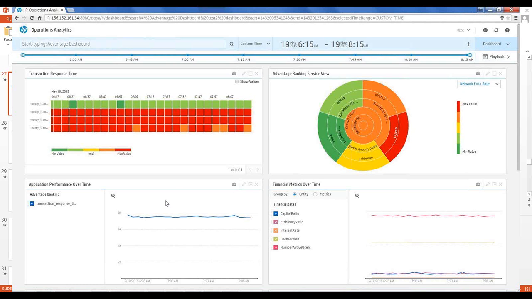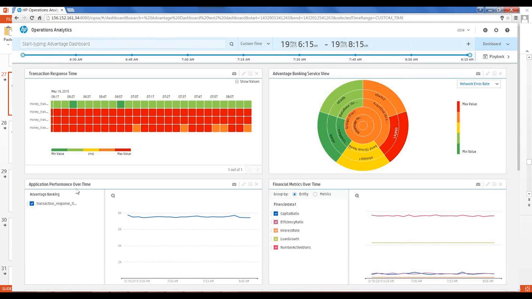So this is the dashboard of Operations Analytics. This is one dashboard that is showing her lots of KPIs for her banking application. On the left side, she has the transaction response time, and she can see that 3 transactions are indeed performing not good. She has all kinds of metrics here.